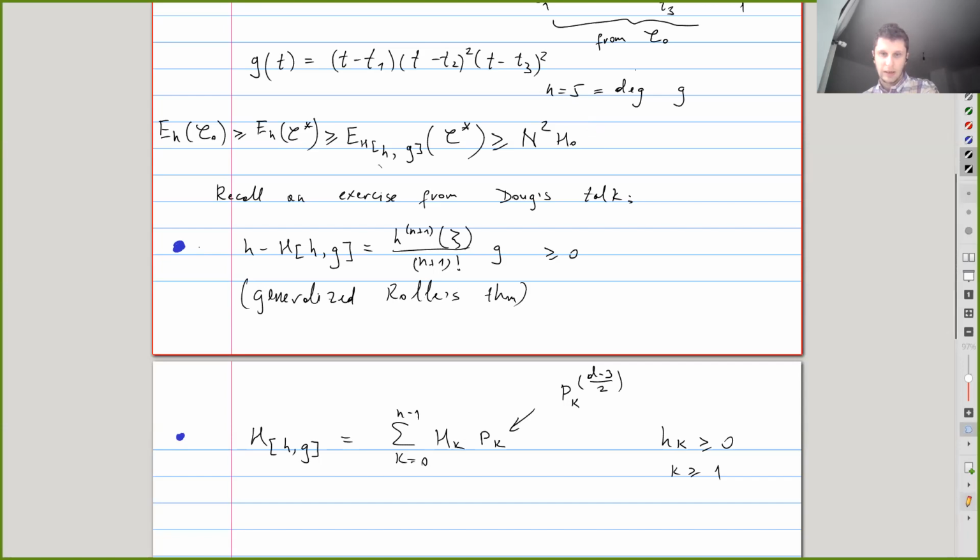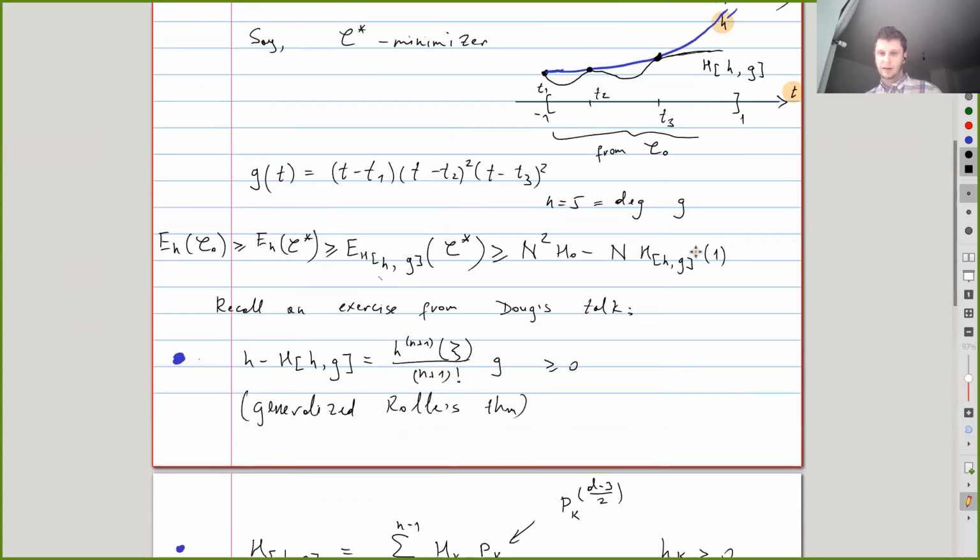It's big H_0 minus n times the value of the interpolant at 1. This is a nice finite number: your function blows up, but the polynomial stays finite. So this is a well-defined number.